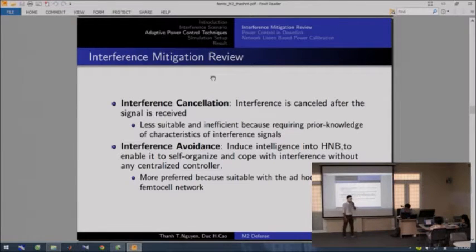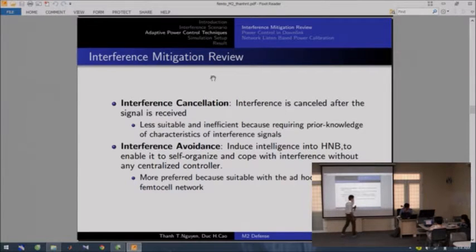They can place the femtocell wherever they want in the house. So the femtocell needs the ability to detect the interference in the environment and adjust its transmit power. That's the main idea of interference avoidance.